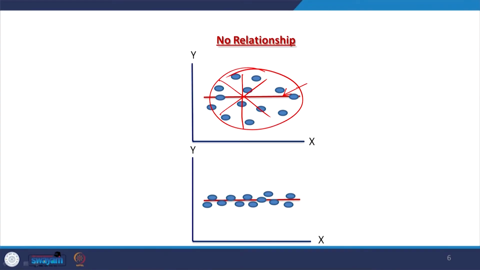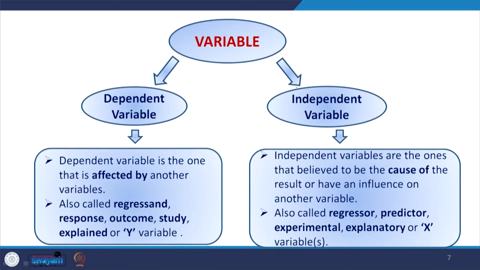Whereas, in case of the first diagram, the variability is very sporadic. Okay. So, the r value is going to be very close to 0. Okay. So, the second one is basically no trend, it is more or less constant.